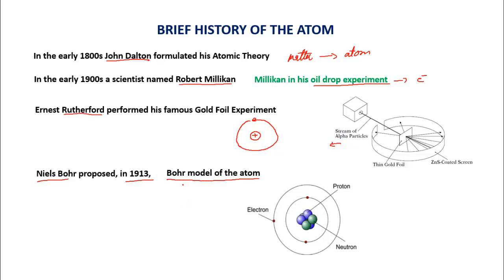According to Bohr, the nucleus contains the protons and the neutrons, and around the nucleus there are circular orbits in which electrons are revolving, and the energy of these orbits remains fixed. So these are the stationary orbits. There are a number of stationary orbits around the nucleus, and electrons are revolving around the nucleus in these stationary orbits.